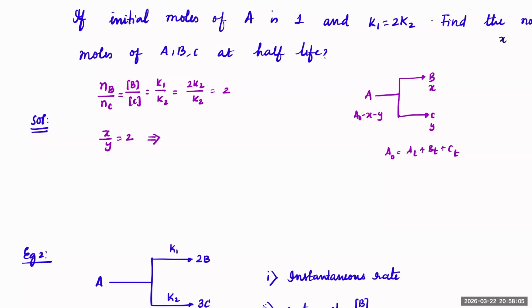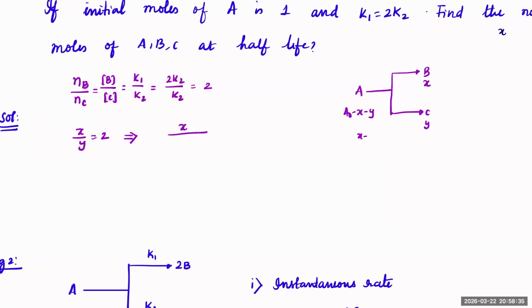Because we are talking about the half life here, I can say X plus Y should be equal to A naught by 2 for T50.